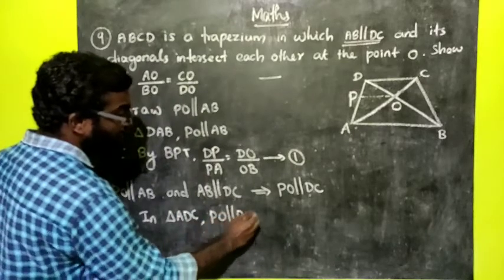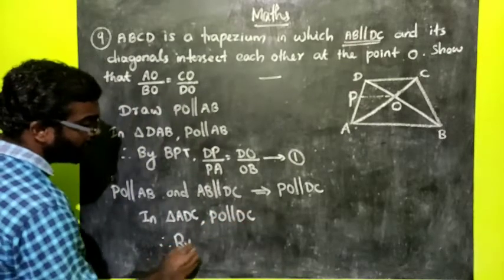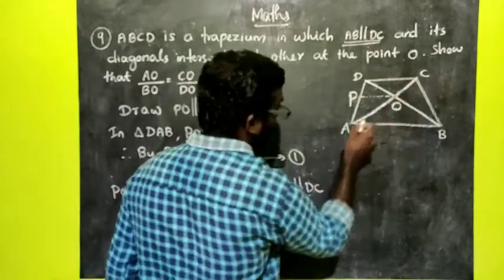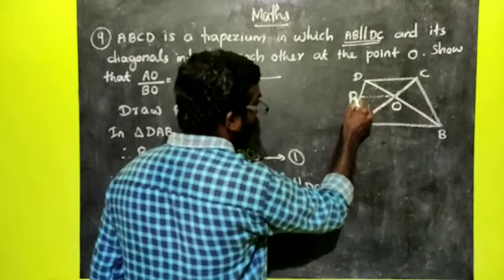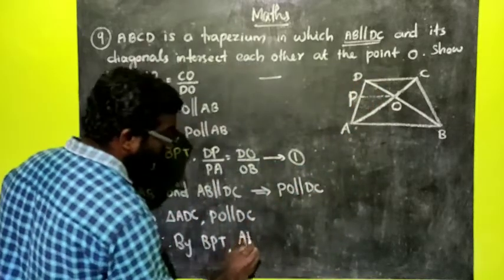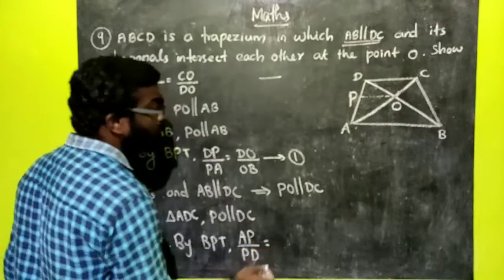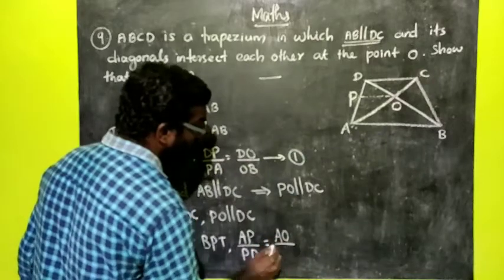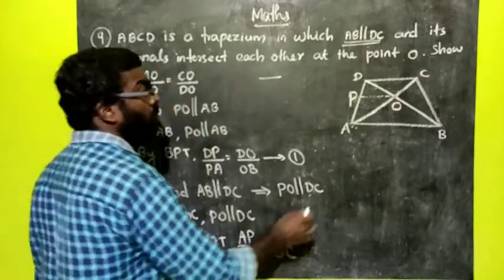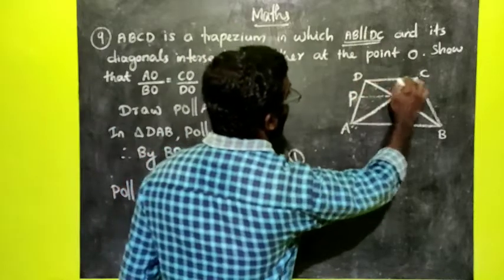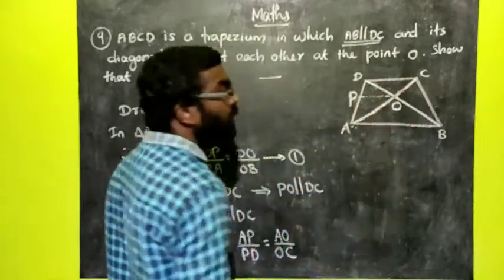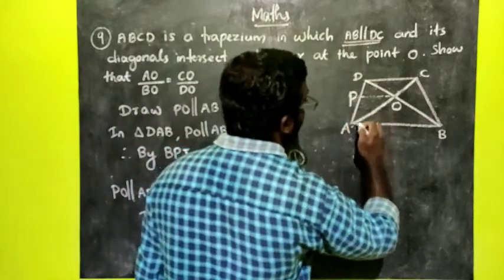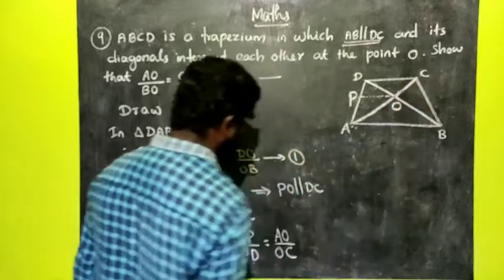Therefore, by BPT, we can start with A: AP by PD is equal to AO by OC. I repeat, PO is parallel to DC, so the other two sides are divided in the same ratio by BPT. So AP by PD will be equal to AO by OC.